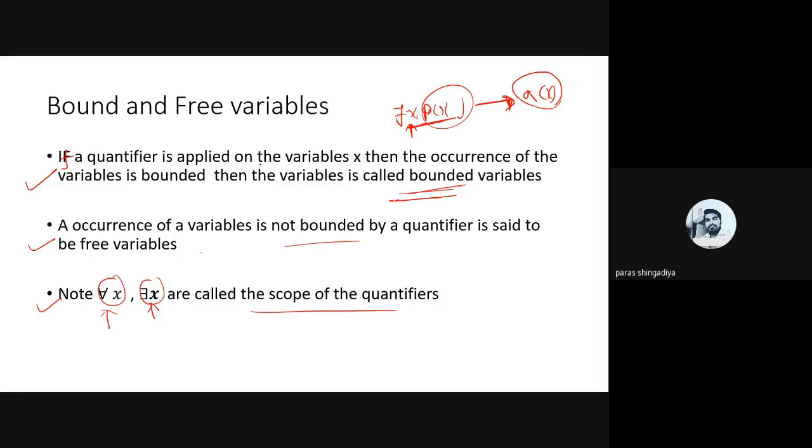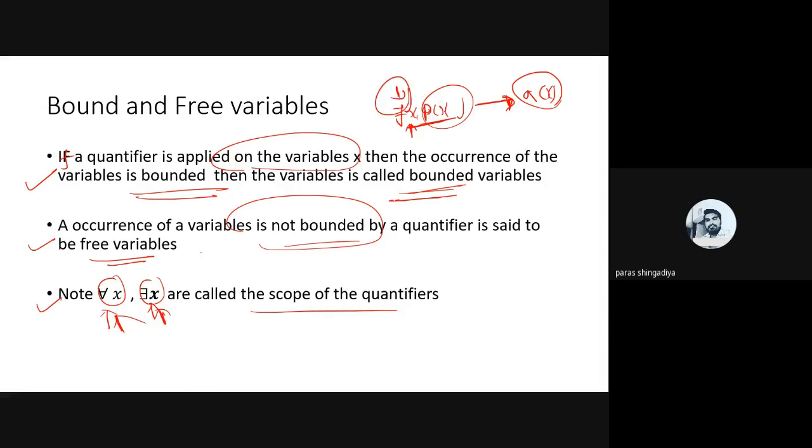Bound variable means if the quantifier is applied on the variable x, then the occurrence of the variable is bounded. And if the variable is not bounded, then we say it is the free variable. And every x or there exists x, these are known as the scope.